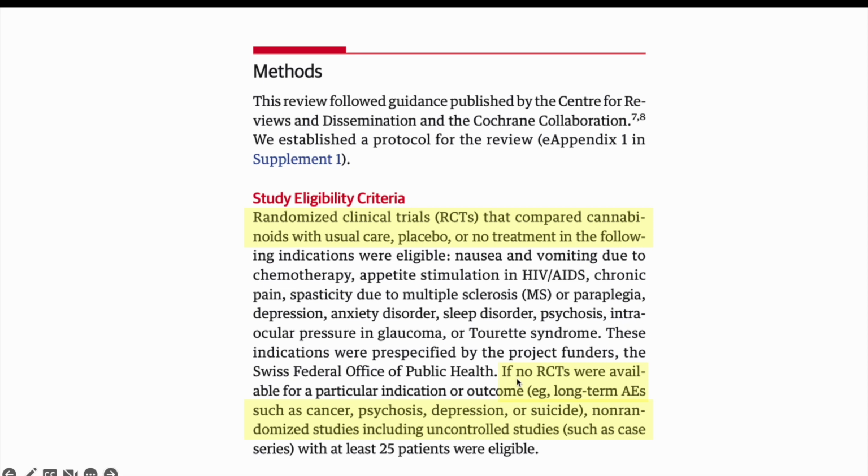They also address right down here that on some indications, no randomized controlled trials were available. So instead, they used non-randomized studies, including uncontrolled studies like case series, which is one of the observational studies that we talked about. So it's a combination. I think that mostly they used randomized controlled trials.